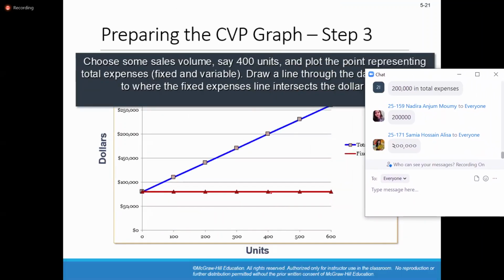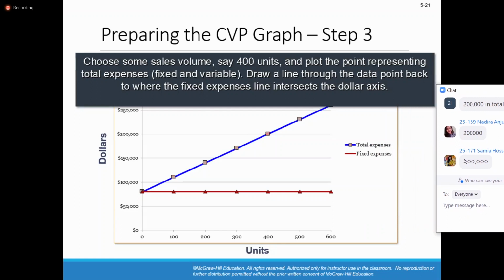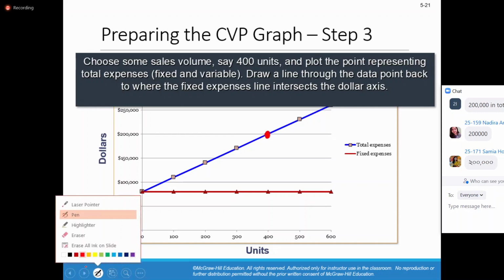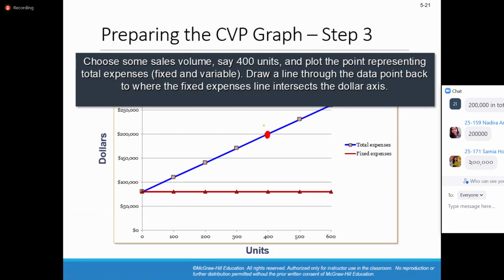So what can we do? We can find out a plot. Here it is. If we take a different mark, okay. You see, here it is. What is it?